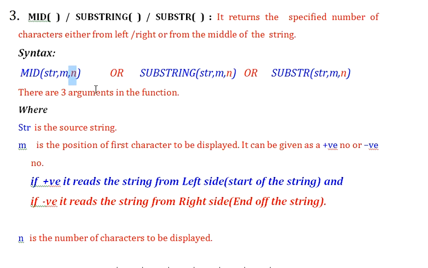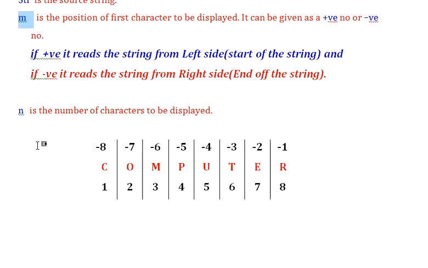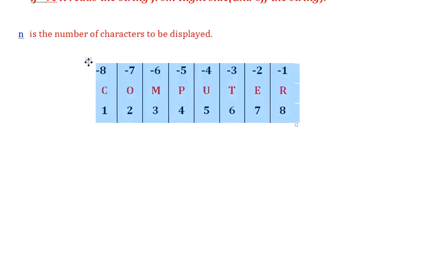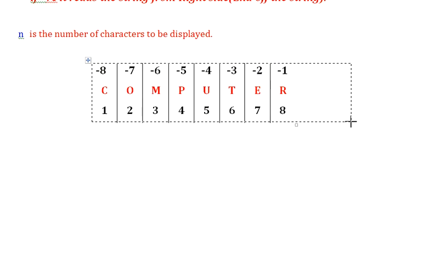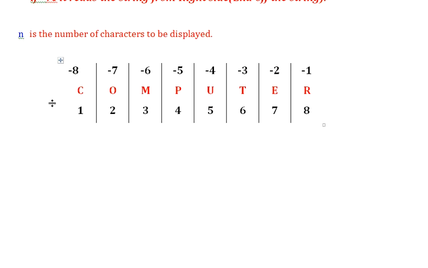What is the difference between these? We'll see in the examples. Depending on your m value, the data will be fetched from your string. Let us see with an example. Here I have taken the word computer, which is an 8-character word.